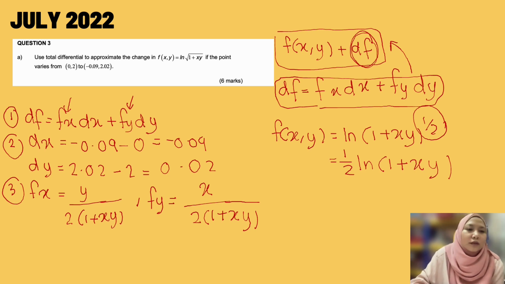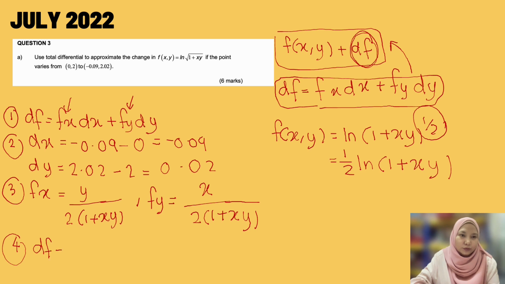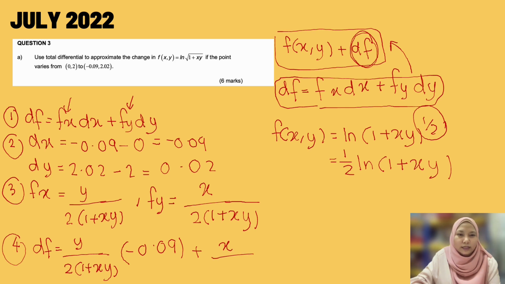Okay, so next we will substitute into the first formula. So we have df equals fx, y over 2(1 plus xy), multiplied by change in x, which is negative 0.09, plus fy, x over 2(1 plus xy), multiplied by our change in y, 0.02.